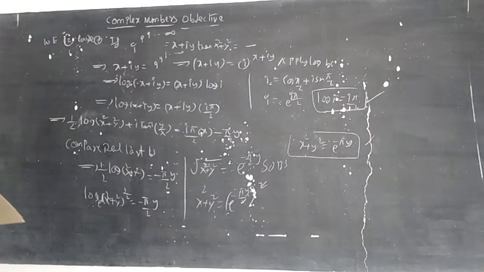Okay, let us see the further examples 8, 10, 11 also. And depending upon example 11 another form may be there. So log i is equal to i pi by 2, he said now.